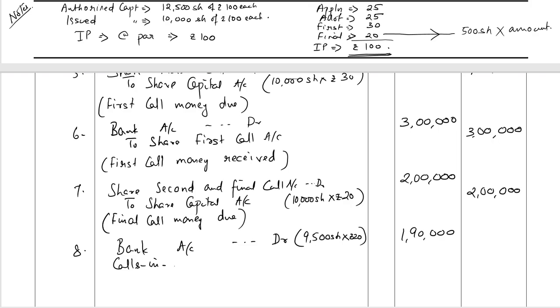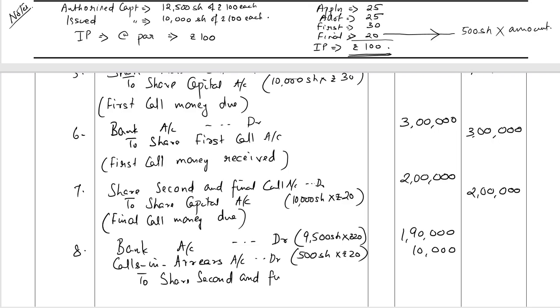As per the question, the calls-in-arrears account will be opened for 500 shares at the rate of rupees 20 per share, 10,000 rupees, to share second and final call account.